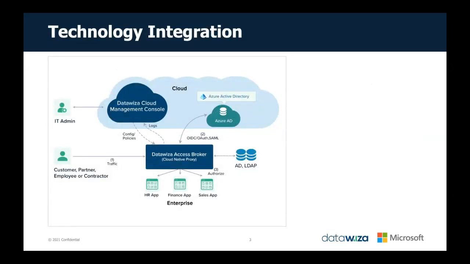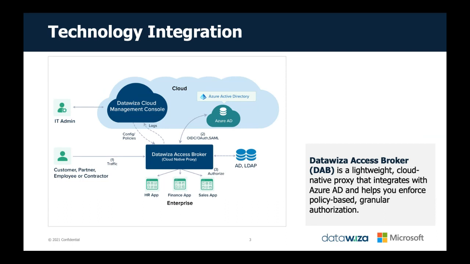And here is the technology part, and I know many of the audience are from a technology background, and they may like this slide better. First of all, as I already mentioned, our Datawiza platform includes two important components, as you can see in this diagram. The number one component is called Datawiza Access Broker.